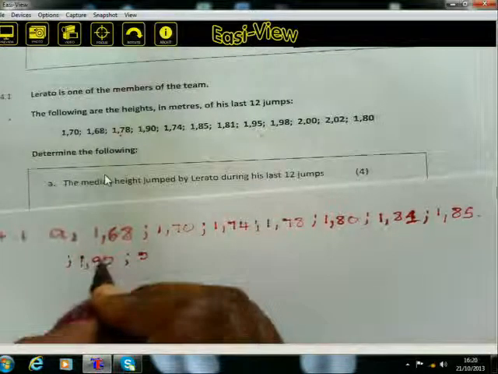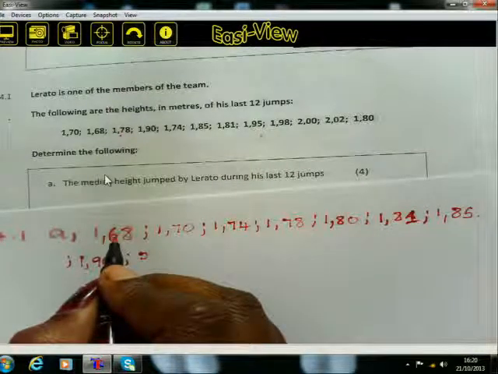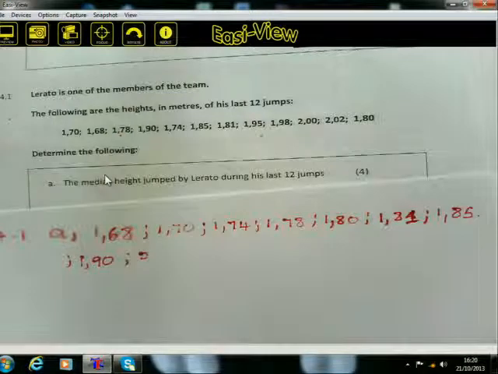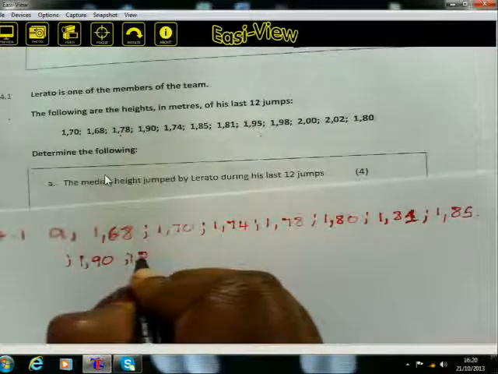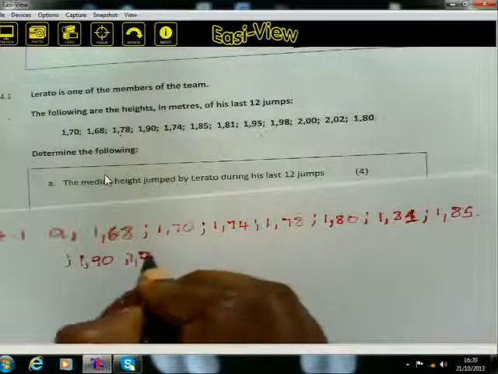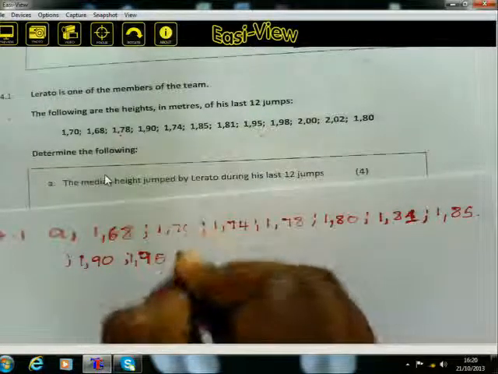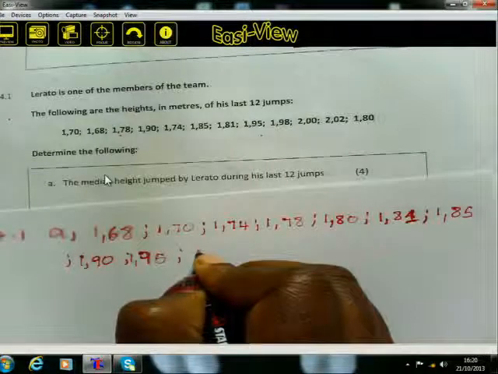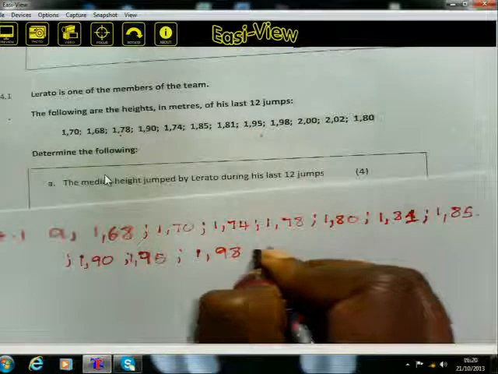Then you will have 1,85. Then you have what? 1,90. Then we'll have 1,95 semicolon. We will have 1,98 semicolon.